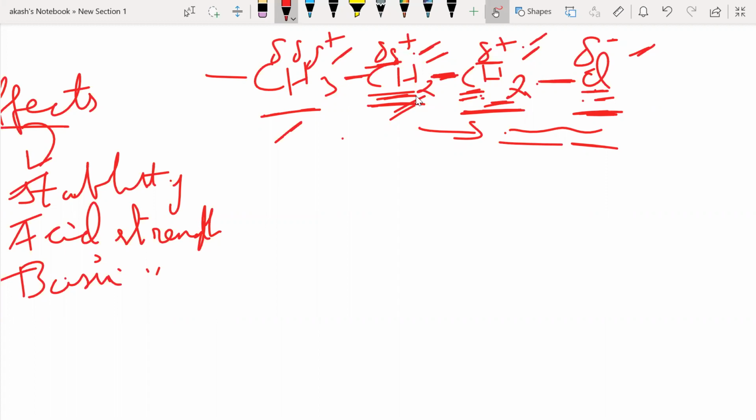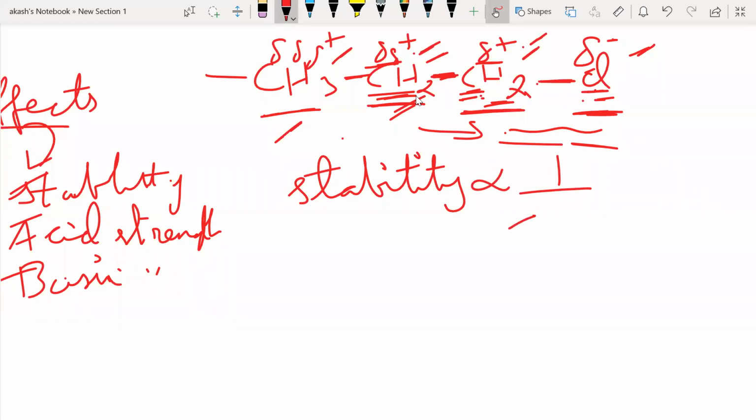Right. Fine. So how am I going to use this for stability? Now please understand, people, for stability criteria with respect to inductive effect, stability is inversely proportional to the amount of charge present.